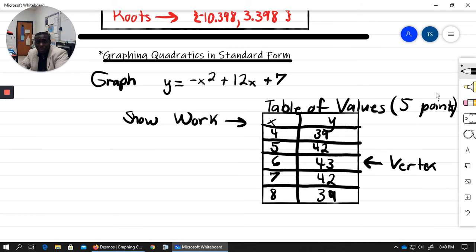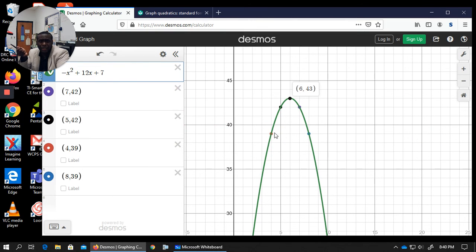All right. So we've got 5 points. Sometimes it'll be the closest 5 points to that, but guys, honestly, I don't really expect you to put any points up there that are decimals.